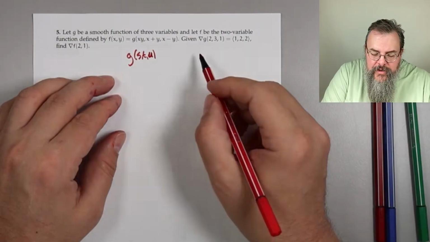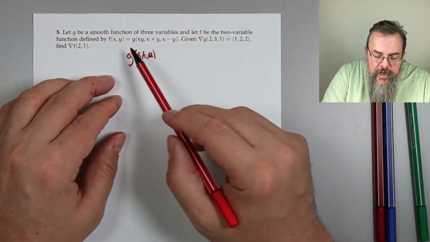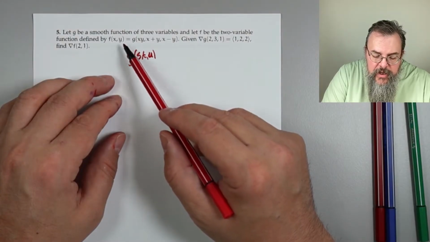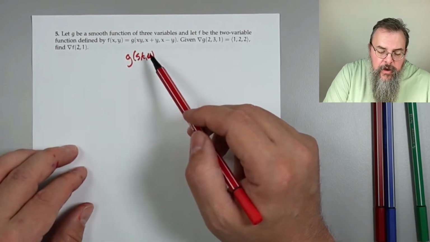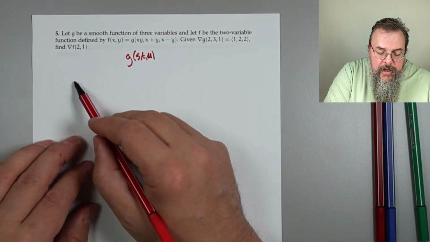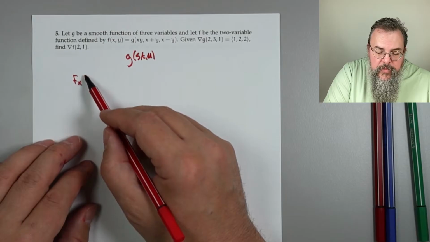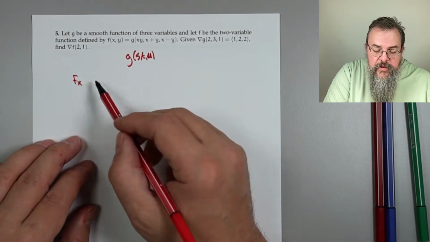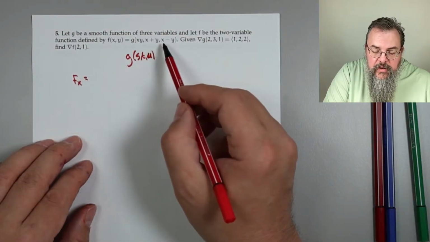So what's going on here? Well, we are trying to understand how the function depends on x and y. If I want f sub x of x, y, because that's the partial derivative, I can see there's an x that shows up in the slots.